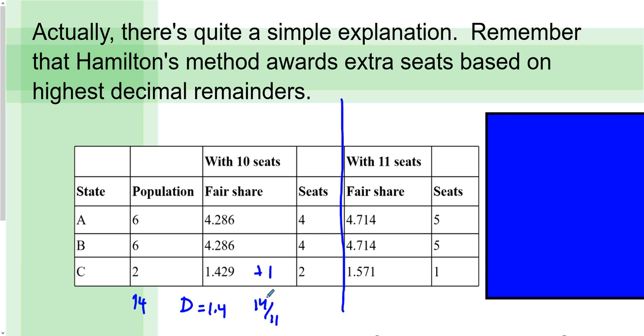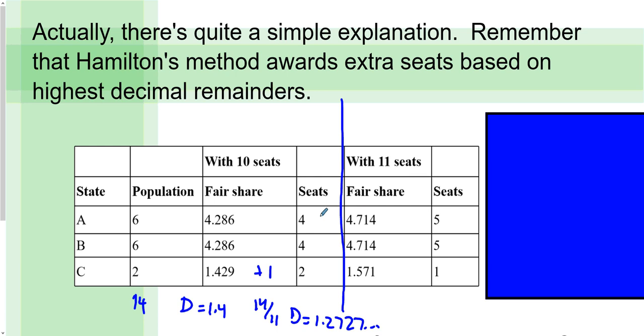So D equals 1.2727. That's your new divisor for 11 seats. Notice what happens. 4.42, 4.42, fair share 1.41. There are 2 seats remaining, not just one, because there are 11 seats. It makes sense that we're going to now have 2 seats to assign rather than one.